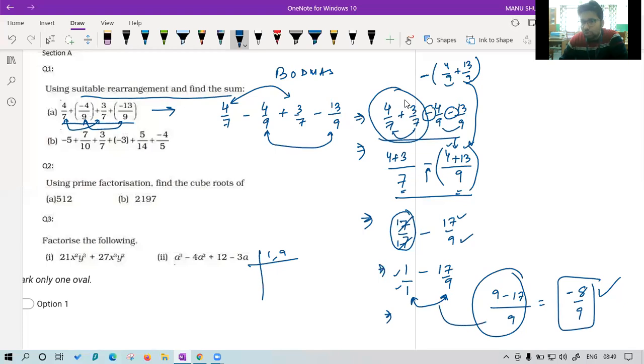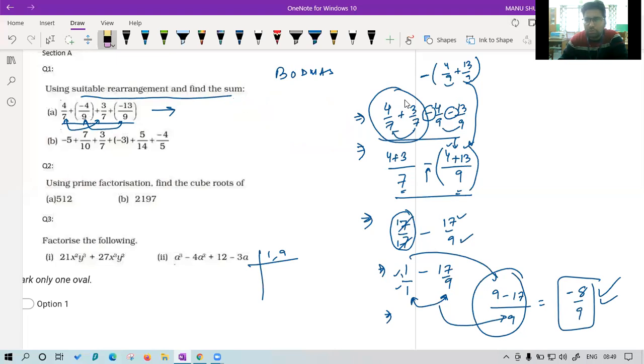So 9 is the LCM. We have got 9 in the numerator minus 17. So the final answer is minus 8 upon 9. Okay, sir. Harshul is saying, sir, I have got the same answer without taking negative as common. No issue, beta. Actually, negative we try to avoid. That's it. Now you can mute yourself, Prisha.